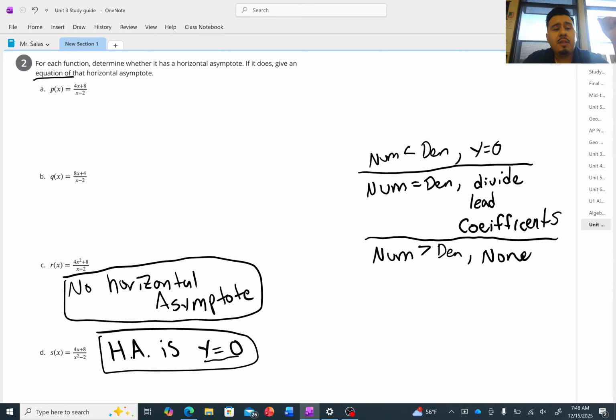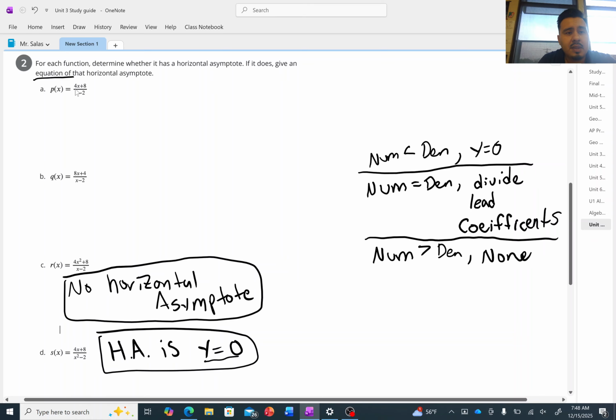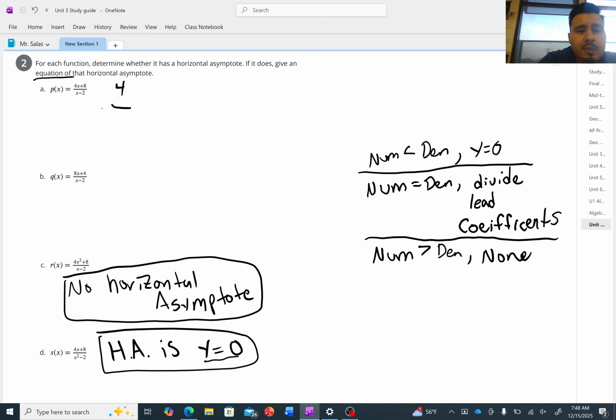Now, if they have an equal power, then I have to divide the lead coefficients. What does that mean? Well, I take the first numbers that are with the x values. So in this case, the highest power is an x, the highest power is an x. So I'll take the 4 from the numerator and the 1 from the denominator, and divide them. 4 divided by 1 equals 4.